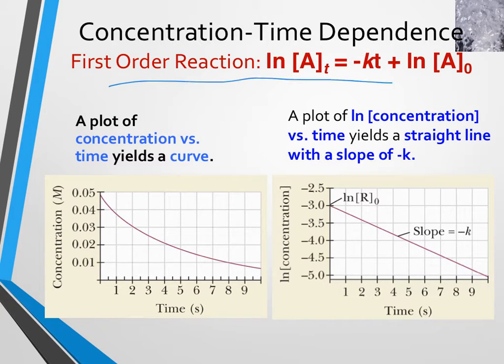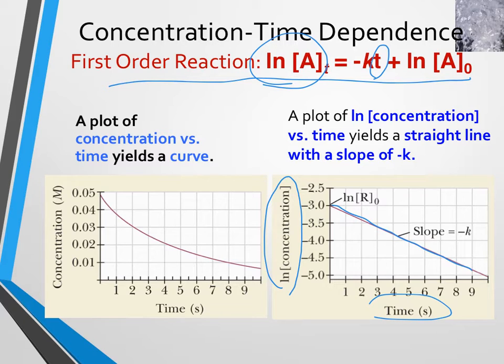For a first order reaction, if you plot natural log of the concentration on the y-axis and time on the x-axis, you will get a straight line. Your slope will be negative. The slope is equal to negative k. And this is really how you identify from a graph whether it's zero order, first order, or second order. You look at which graph gives you a straight line.